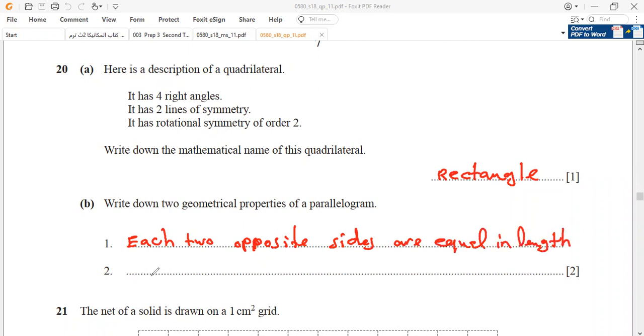And the second property, we can write that the 2 diagonals bisect each other. We can write other properties, but it's required to write only 2 properties.